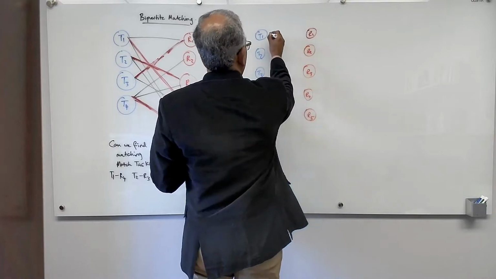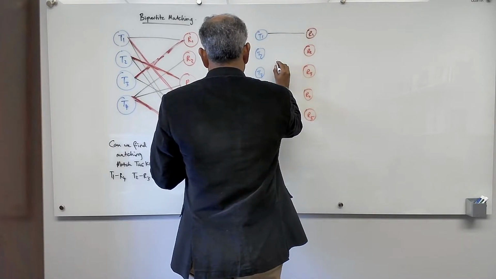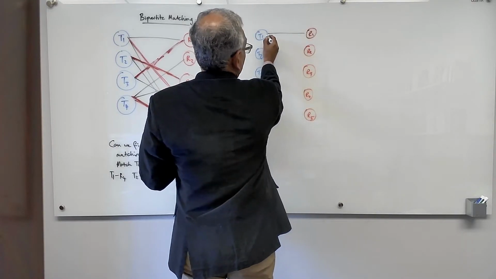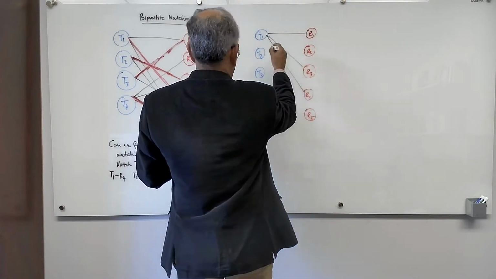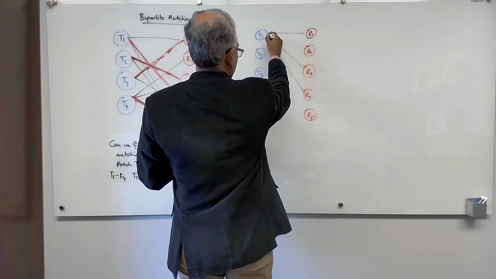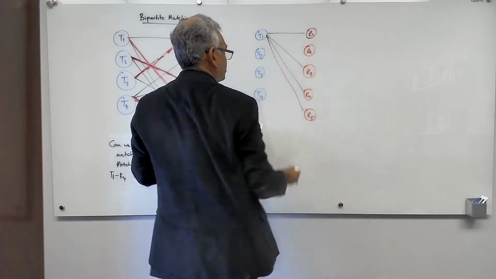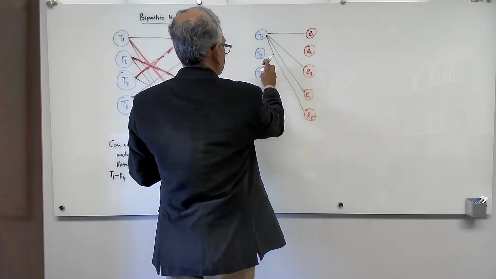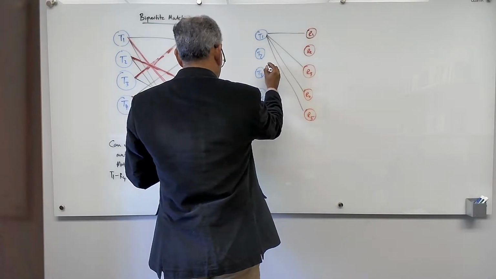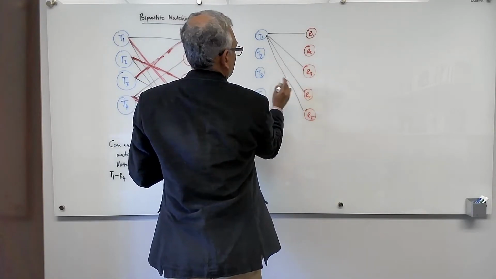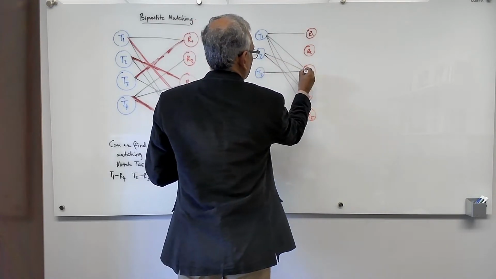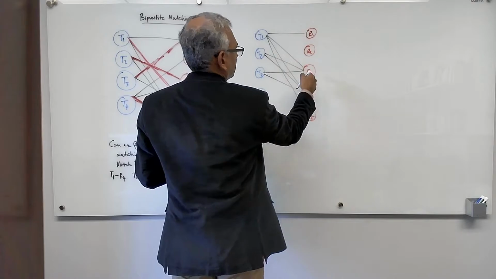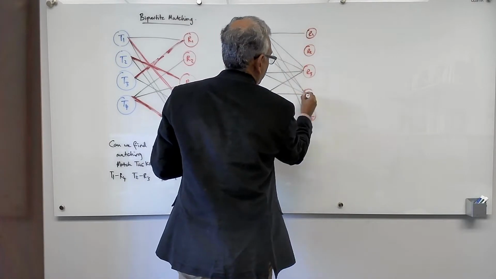Task 1 can be done on 1, 3, 4, and 5. So many ways to do task 1. Task 2 can be done on resource 3 and 4. Task 3 can be done on resource 3 and 4. Task 4 can be done on resources 3 and 4.